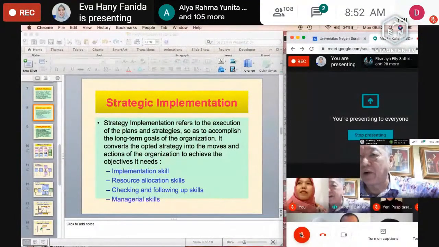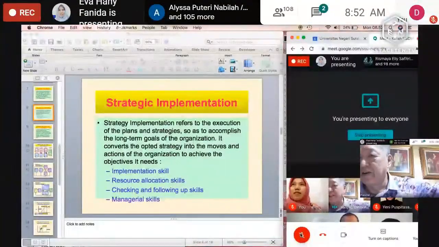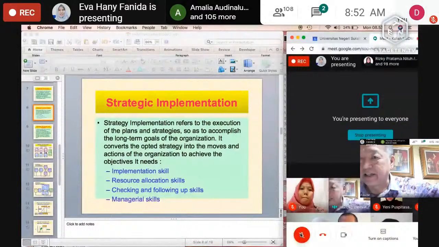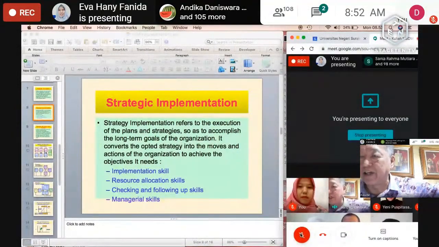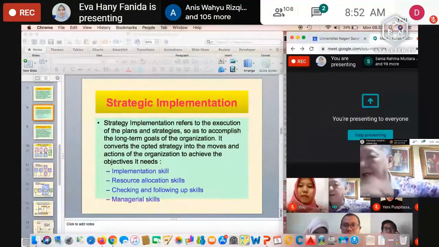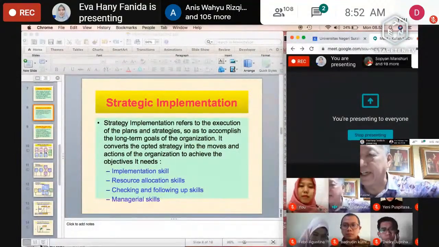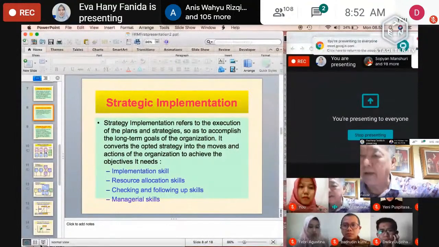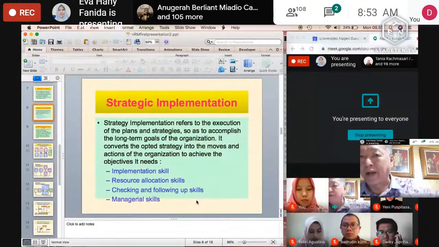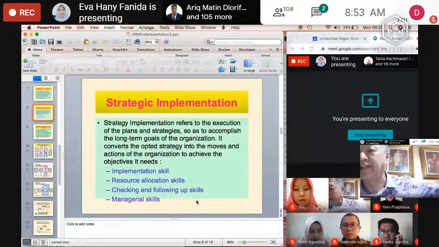When we talk about implementation, we learn implementation theory. Usually when we try to implement some policy, or some strategy like this, there might be problems and obstacles that differ from one organization to another.